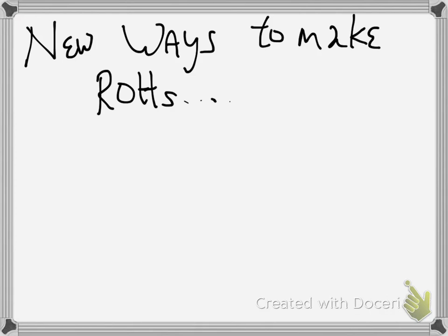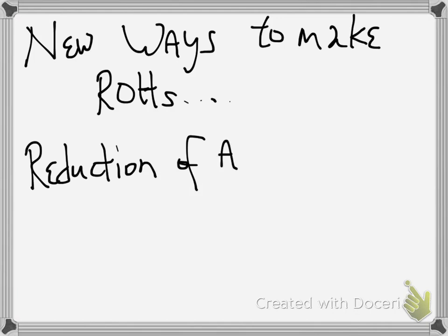So now let's go over the new ways that we're going to learn how to make an alcohol. In general, you should think back to Gen Chem and the idea of redox reactions. In particular, one of the new ways to make an alcohol is going to be the reduction, which remember means the gaining of electrons, the reduction of aldehydes and ketones.